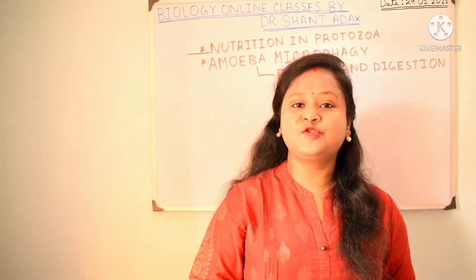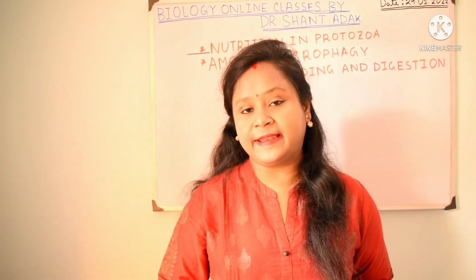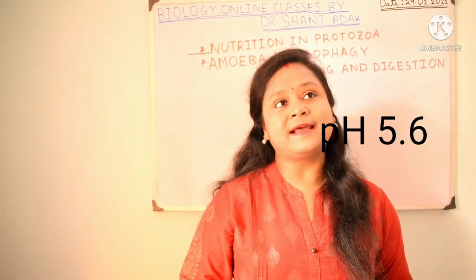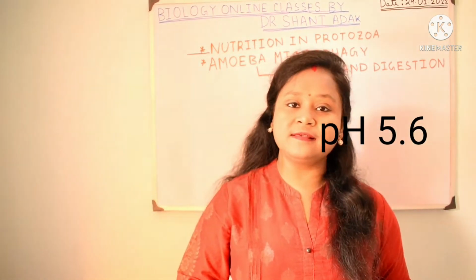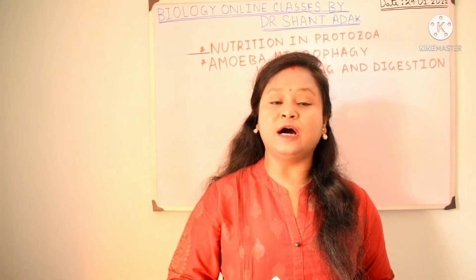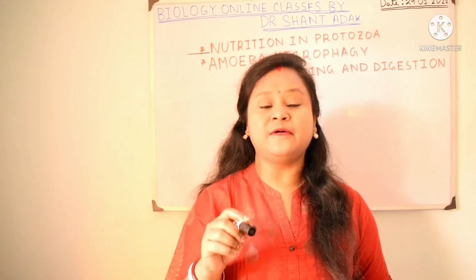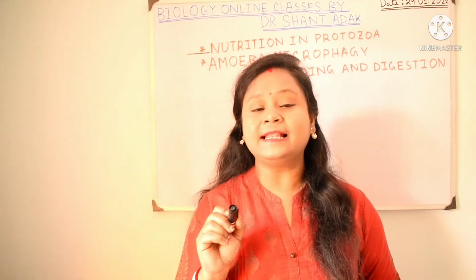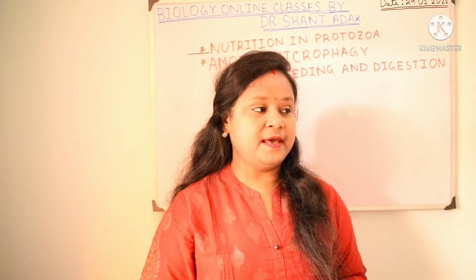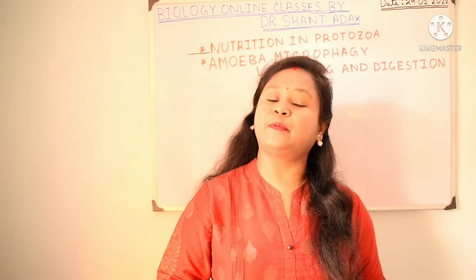The acidic nature is very mild, not very strong, near about pH 5.6. After an hour, the acidic environment becomes neutral and finally becomes slightly alkaline, having a pH of 7.1 to 7.3.